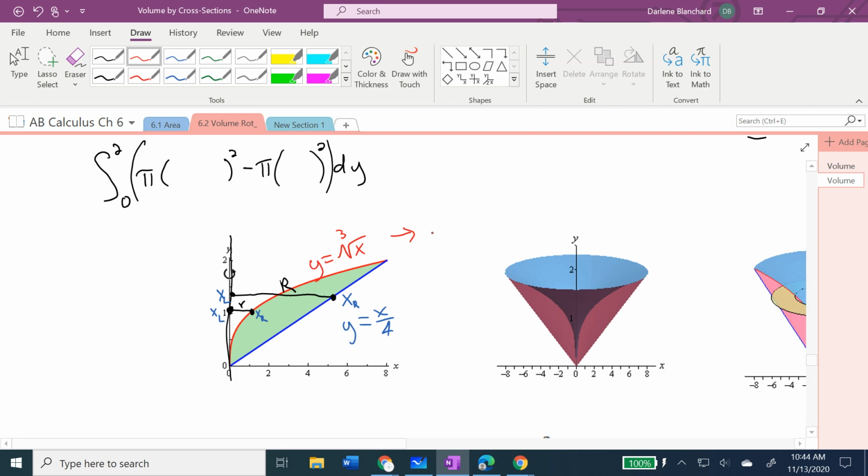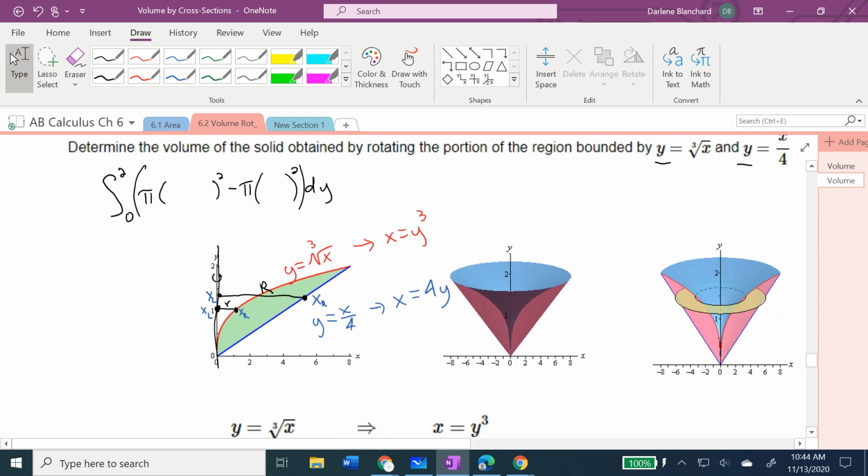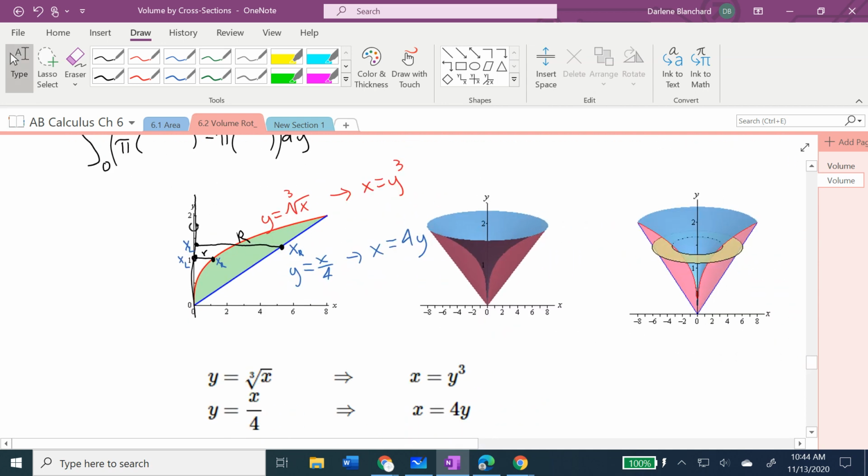Cube both sides. And you get x equals y cubed. Multiply both sides by 4, and you get x equals 4y. And that particular step is the one people tend to accidentally miss.